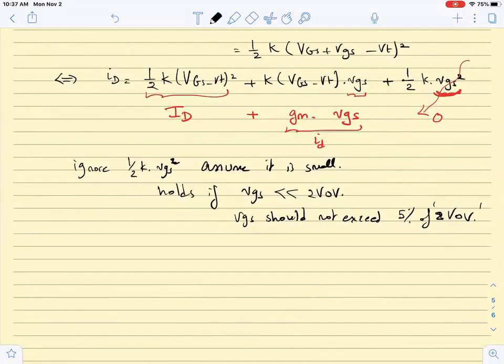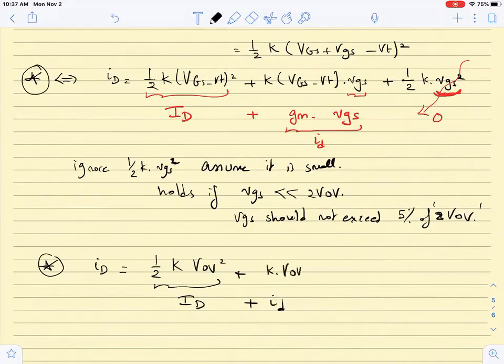Okay, so we now continue from this equation. ID equals half K times VOV squared, which is ID DC, plus the small signal current, which is K times VOV times vgs. Like we studied with the diode, I can model the small signal current as a multiplier term times the small signal voltage.